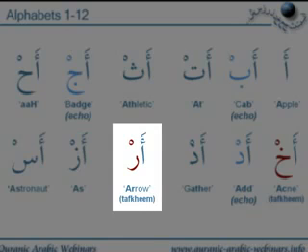A good one to remember for this is what you say all the time, ar-Rahman. So that's thicker. You've got to lift up the back of the tongue to do the tafkhim. In English here we've put arrow, but you've got to add the thickness, the heaviness to it. So you do ar. Okay, so you've got to get that ar.